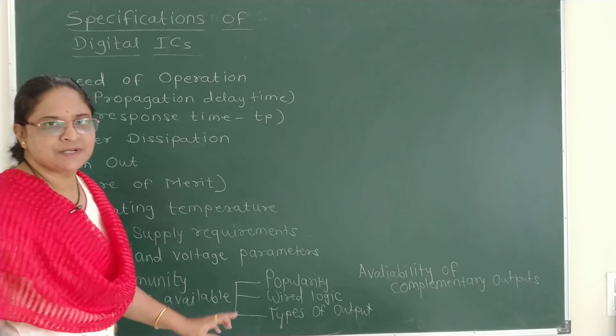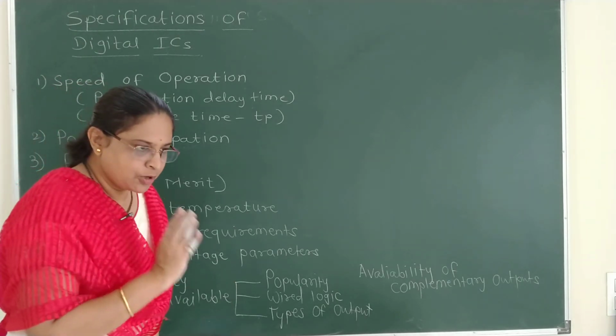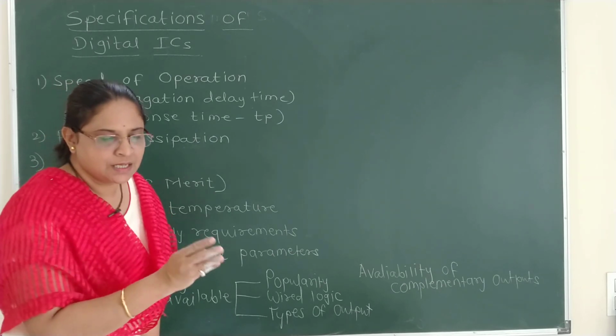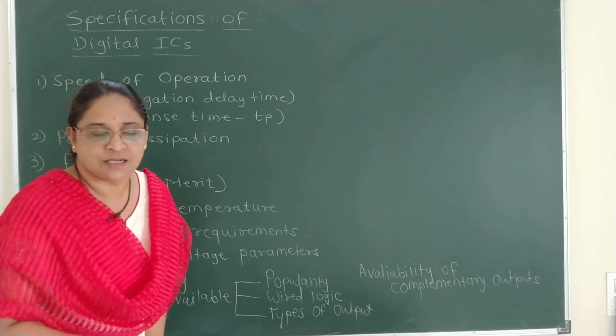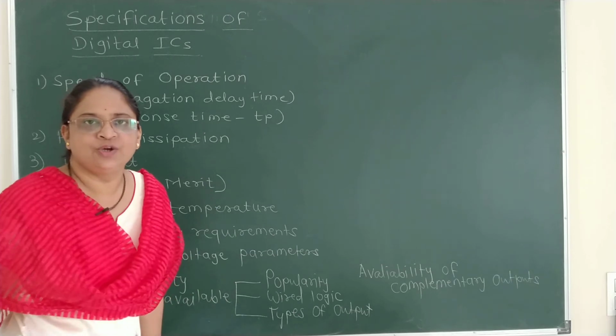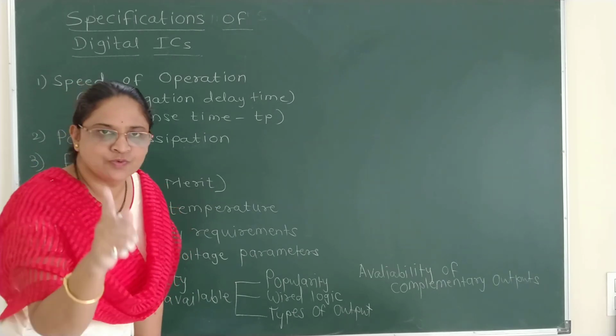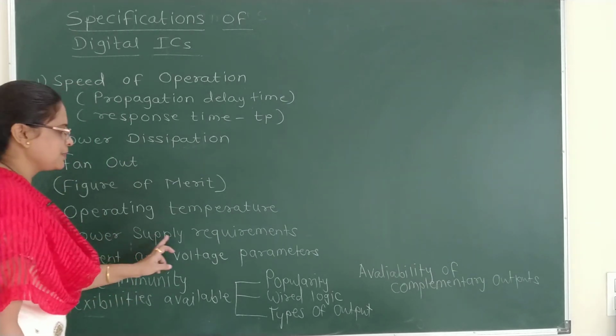Next, power supply requirements. As we discussed, the power supply for all the circuits should be of the same level, meaning how much supply voltage is essential. If it needs plus 5 volt and you are supplying plus 9 volt, it will change all the parameters. So we must know the power supply requirements.